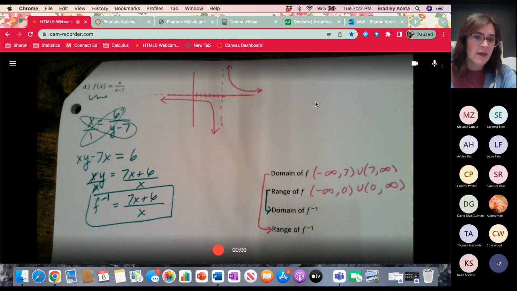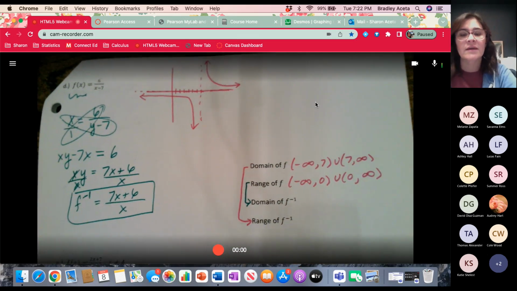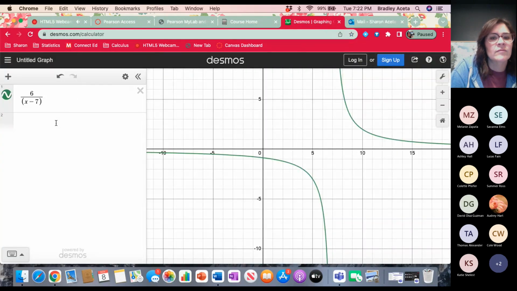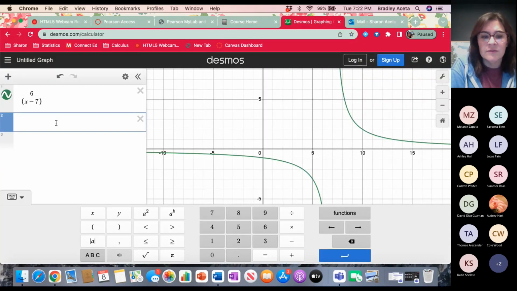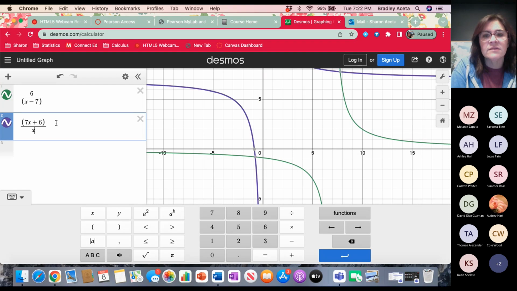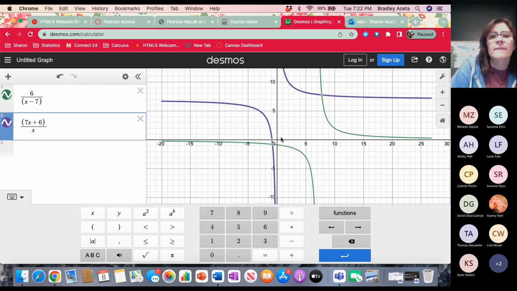Well, let's graph that and see if I flip-flopped my domain, if I flip-flopped my range. So 7x plus 6 divided by x. Okay, so now I'm looking at this purple equation.